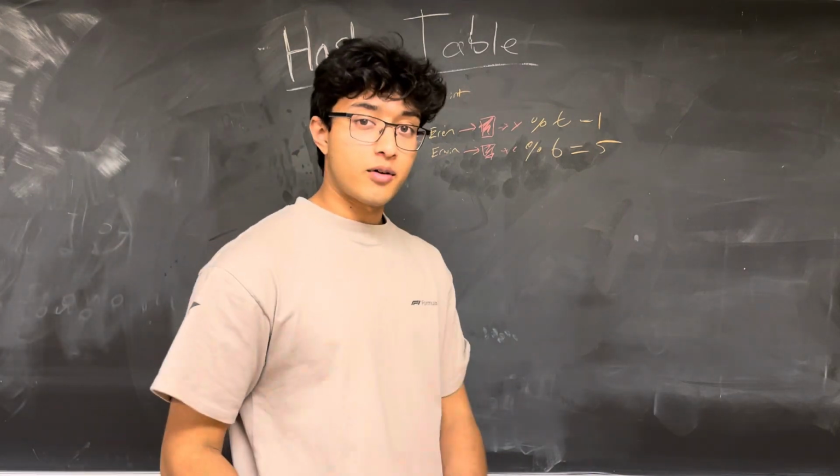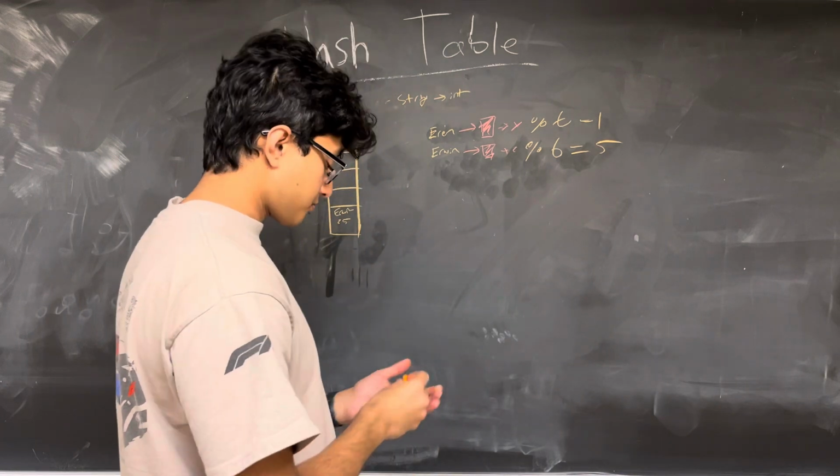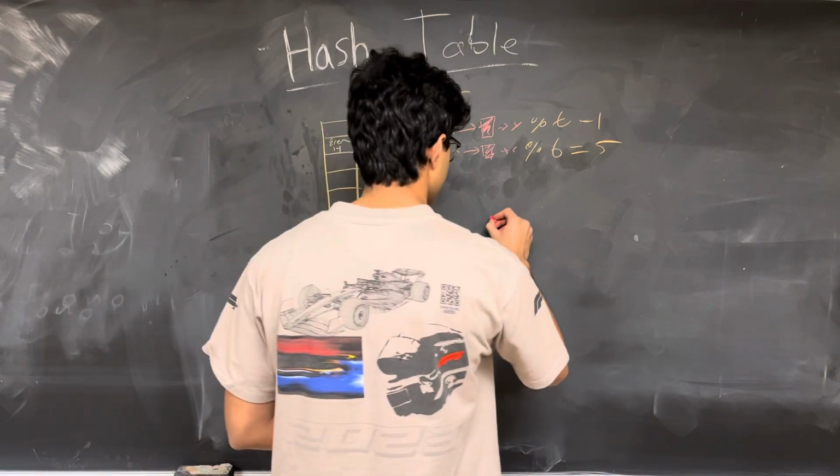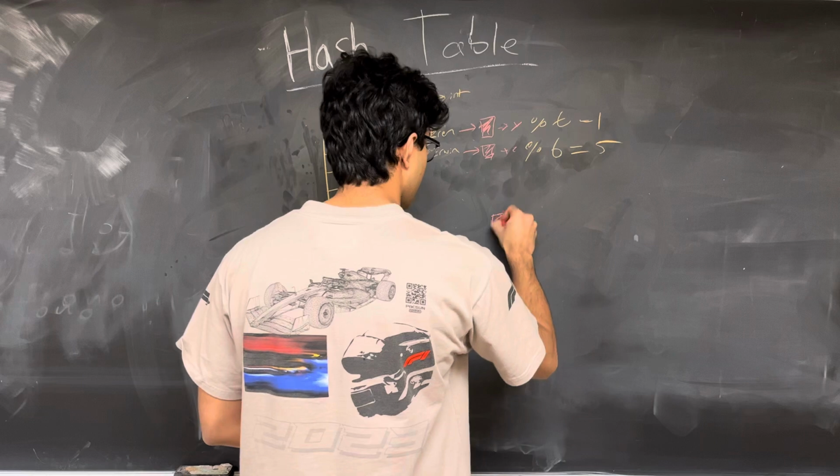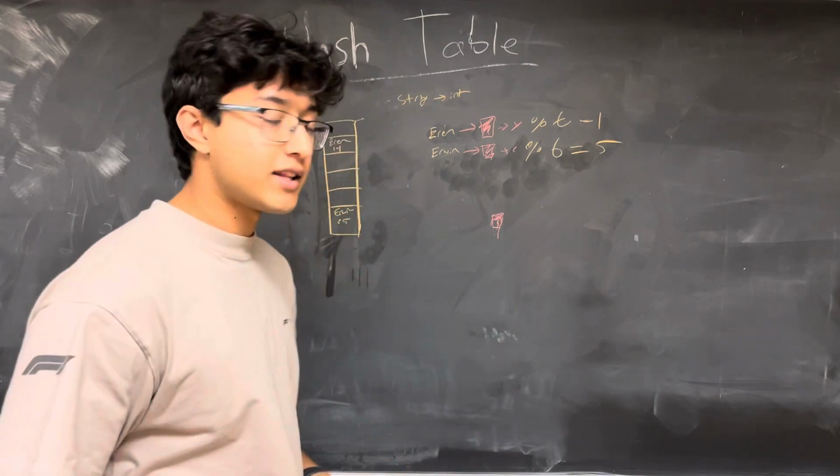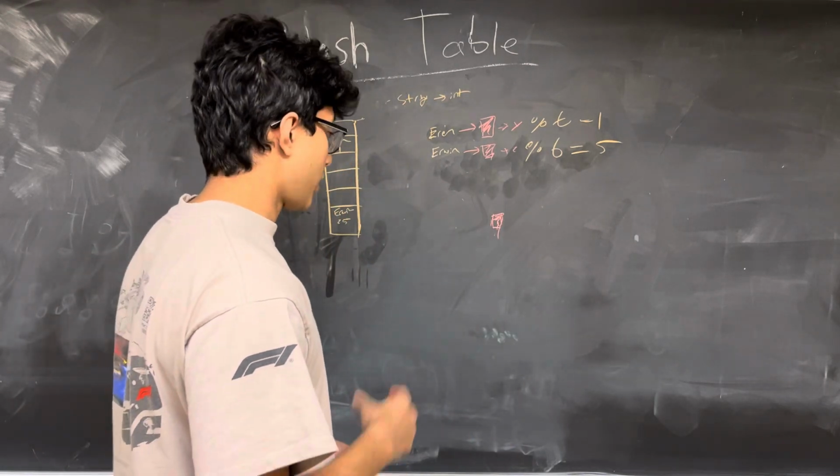Now, if we wanted to find one of these elements, we would again go through our hash function, and we can ask the hash table, hey, is Aaron in the hash table, in the unordered map in C++?